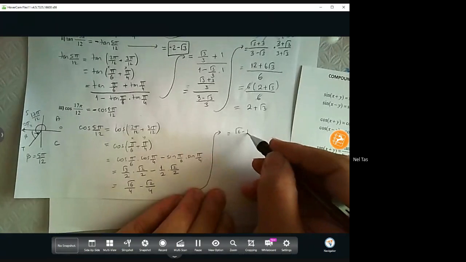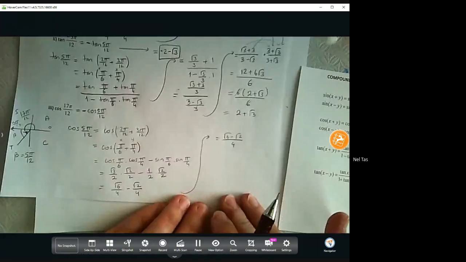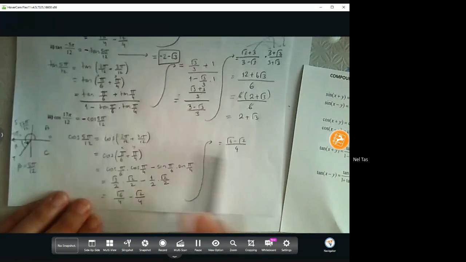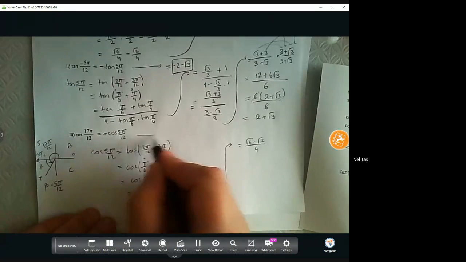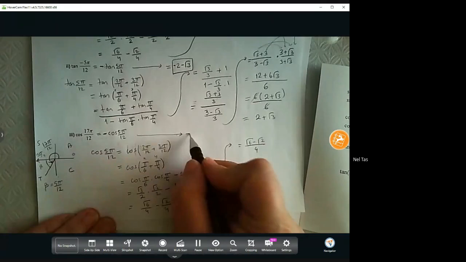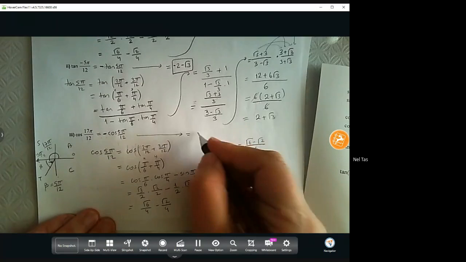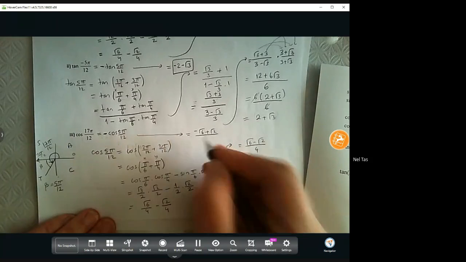This gives you root 6 minus root 2 over 4. But we need to multiply this by a negative sign to give an answer for the question. If you multiply this by a negative sign, you change the sign of root 6 and root 2. So negative root 6 plus root 2 over 4.